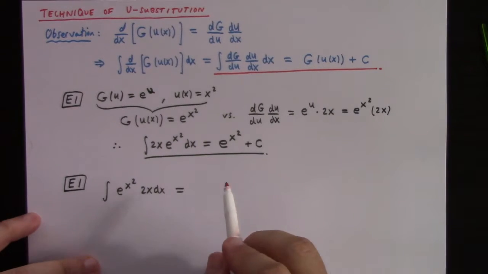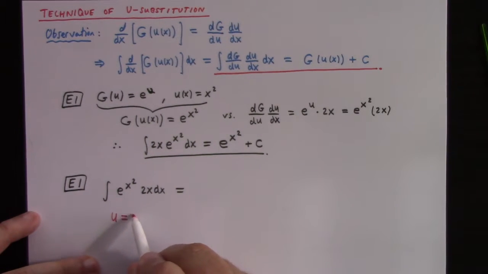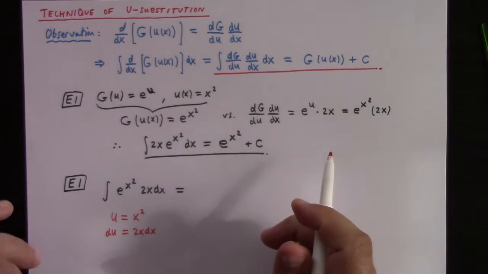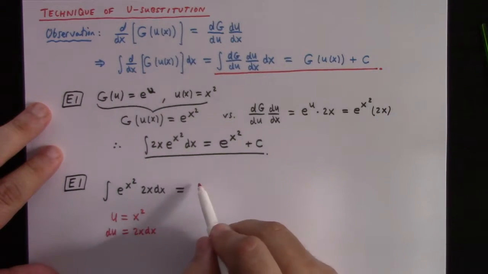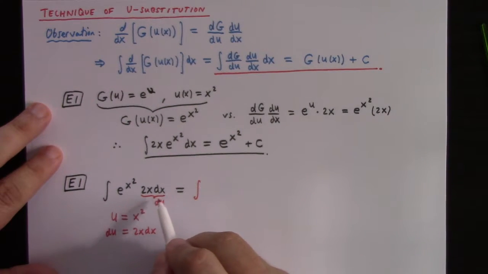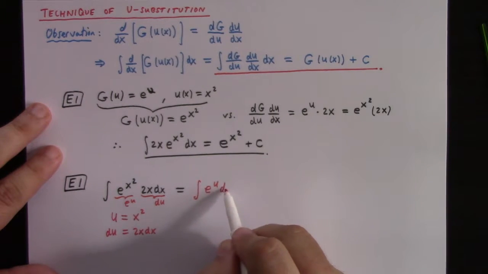Here's the same example, but I'm going to use the usual notation. What we do is we say u equals x squared, right? Then du is 2x dx. That's the differential, right? And so, making that substitution, this is du, and of course this is e to the u, so I get the integral of e to the u du.